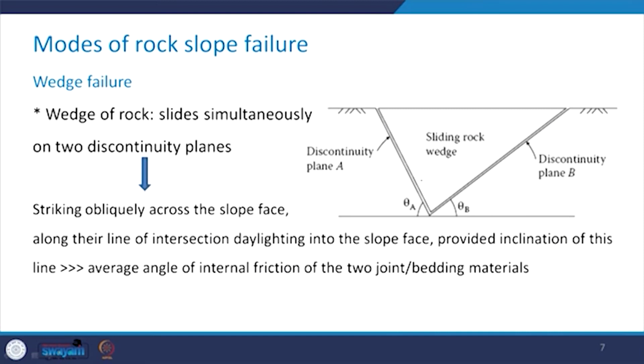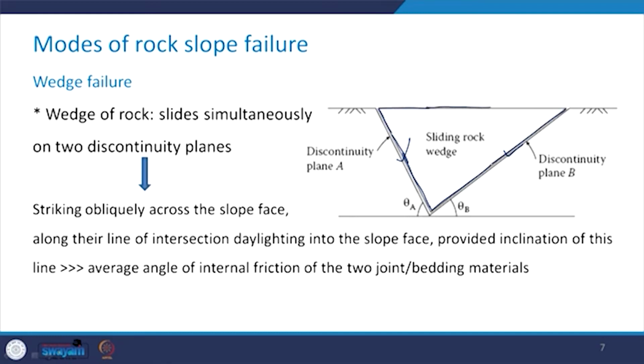The second mode is the wedge failure. In this case, a wedge of rock is formed between 2 discontinuity planes. Take a look at this figure: discontinuity plane A and discontinuity plane B, and a wedge is formed like this in between these 2 discontinuity planes.